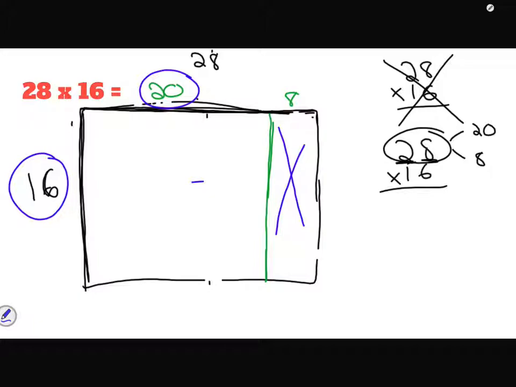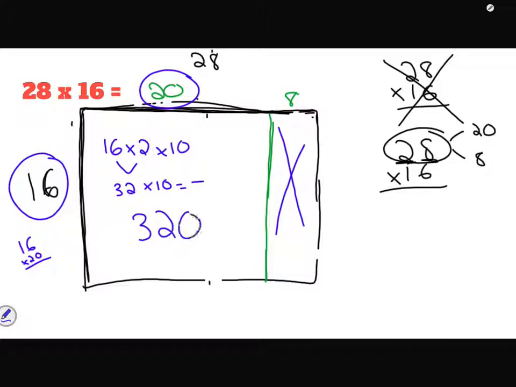And we have learned how to solve 16 times 20 because the other day, or yesterday, you should have learned that you, again, can take apart this 20. And I could really do 16 times 2 first and get that to be 32. And then I can multiply it by that 10, which is in that 20. And I could get 320, meaning that inside that box is 320.